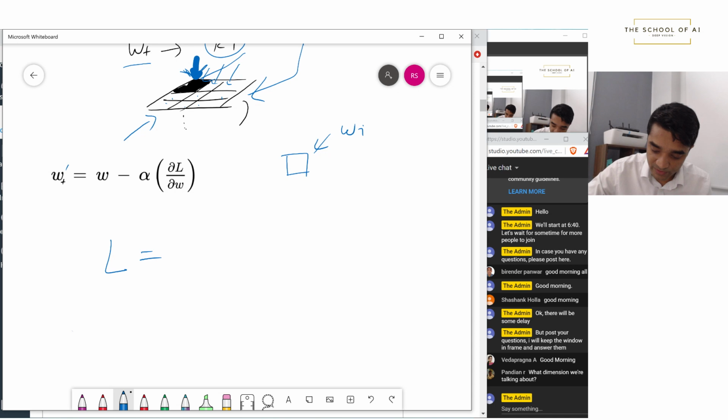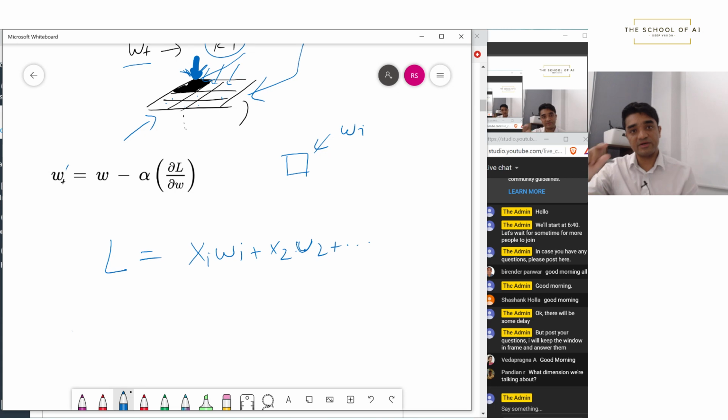So our equation is going to be x1 into w1 plus x2 into w2 plus so on. It's going to be a very complicated equation in reality because we have a kernel, so one weight is going to multiply with many pixels, and we have to take a mean every time, so I can't just write that equation. So it's a very simple equation we are writing, and let's say we are only multiplying this one time.